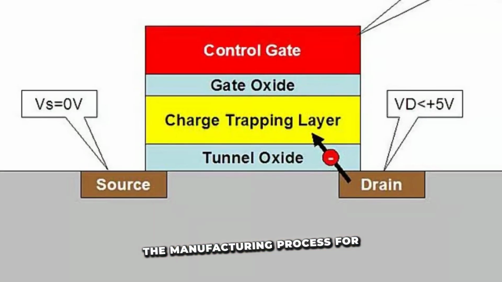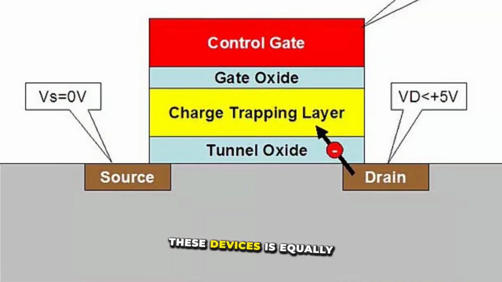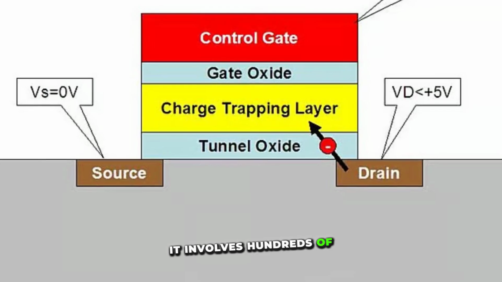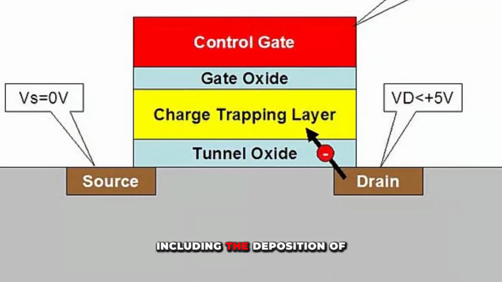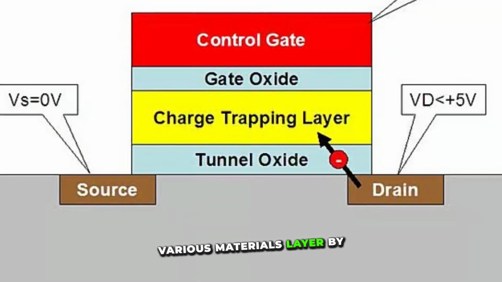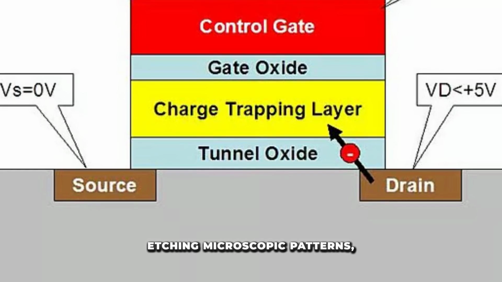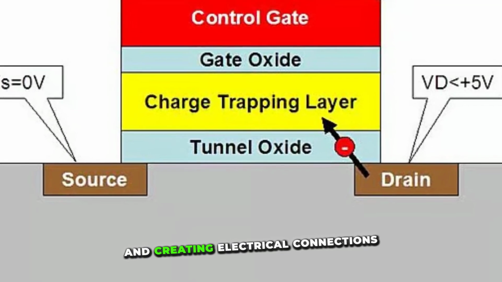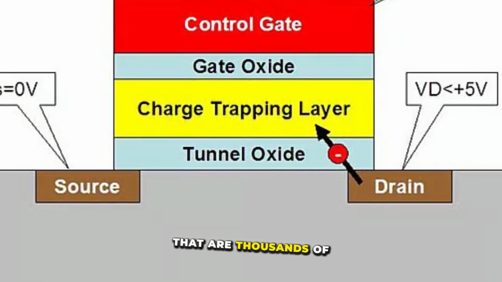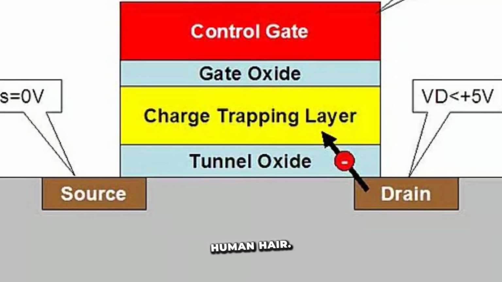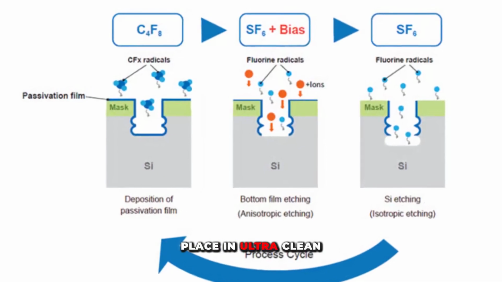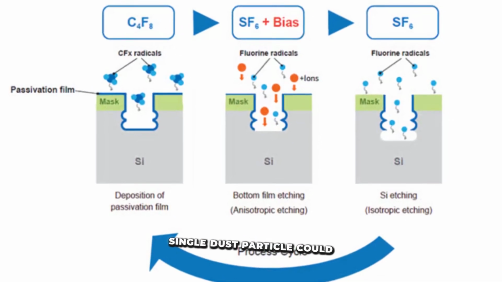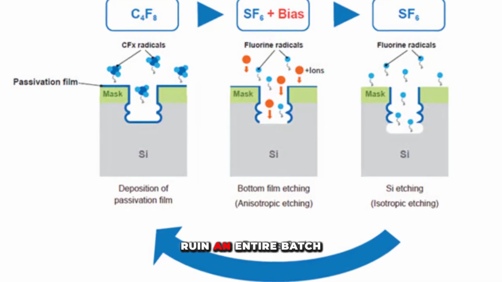The manufacturing process for these devices is equally fascinating. It involves hundreds of precise steps, including the deposition of various materials layer by layer, etching microscopic patterns, and creating electrical connections that are thousands of times thinner than a human hair. The entire process takes place in ultra-clean rooms where even a single dust particle could ruin an entire batch of chips.